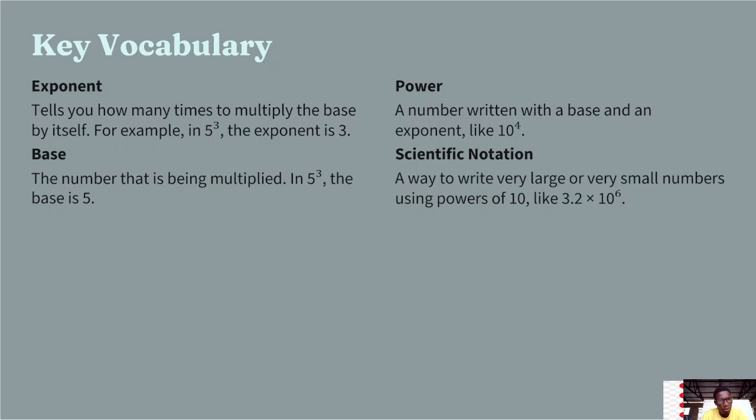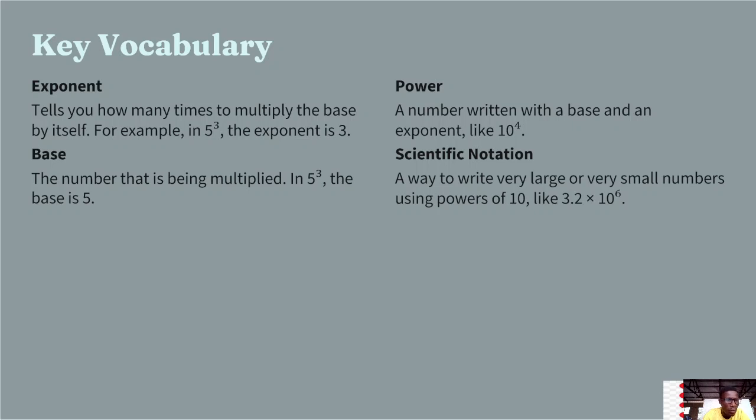All right, so let's move to the next one. Third, the power. A power is the combination of a base and an exponent. This should be well understood because a lot of us have been using these words interchangeably. So the base and the exponent together is what refers to the power.